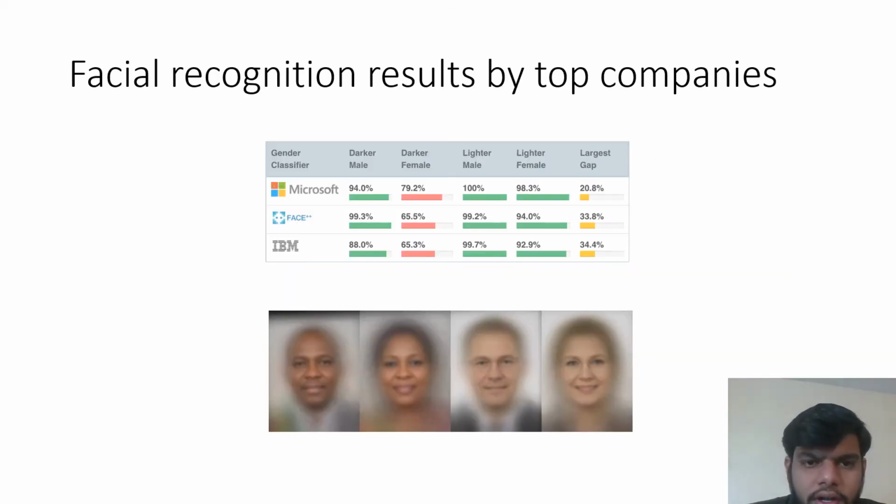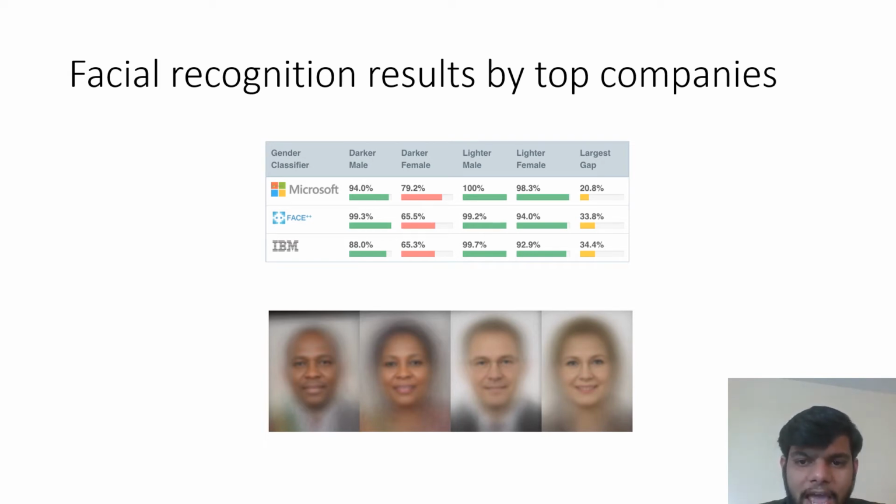This slide shows the facial recognition results from the test carried out by a study called Gender Shades. It was a test carried out on a number of companies, and these are the results of the top three companies that provide facial recognition software. As you can see, Microsoft was successful in providing 100% accuracy for lighter males, while it provided the lowest accuracy for darker females.